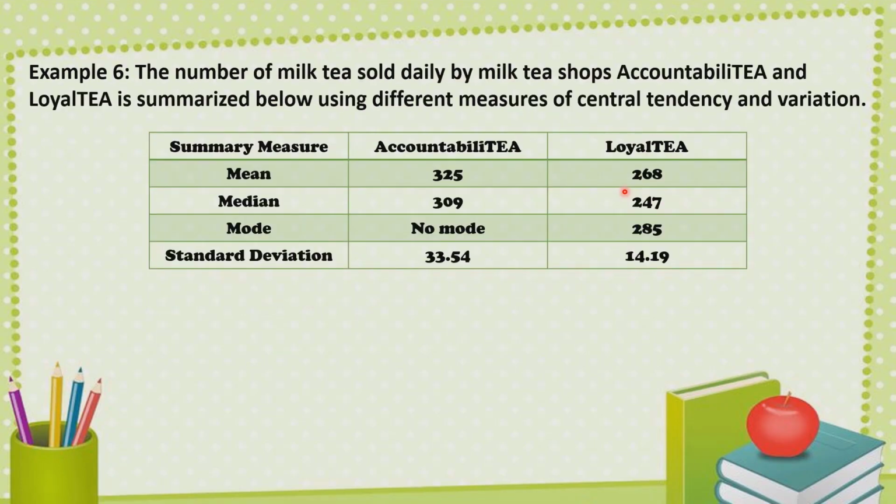Example 6. The number of milk tea sold daily by milk tea shops Accountability and Loyalty is summarized below using different measures of central tendency and variation.